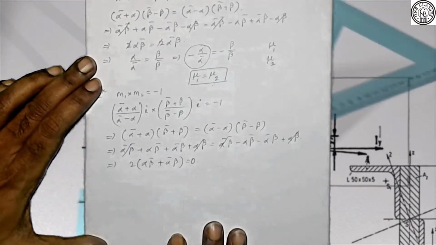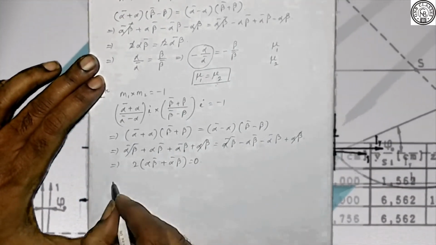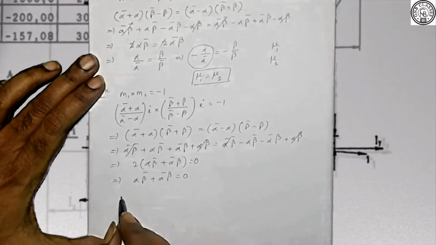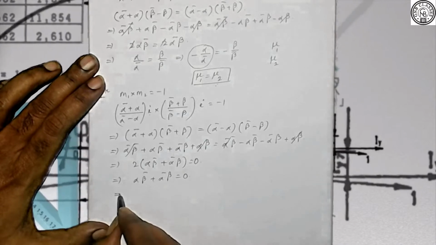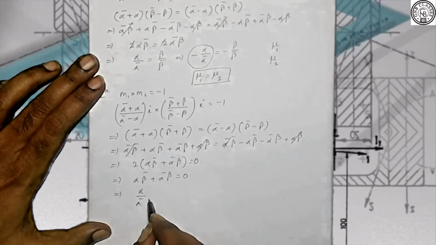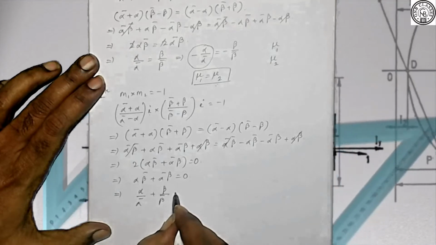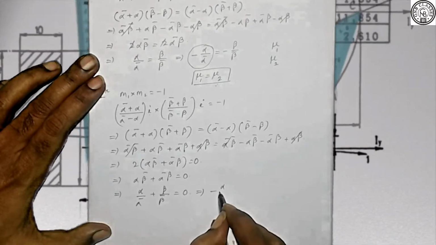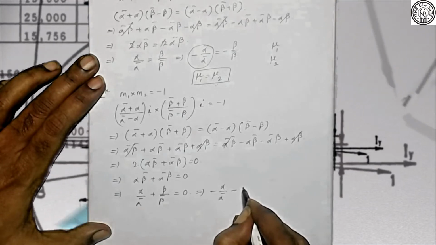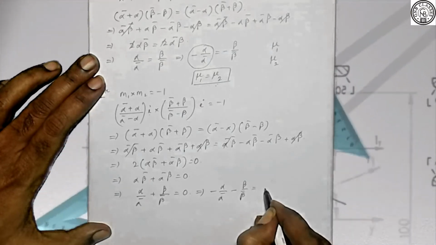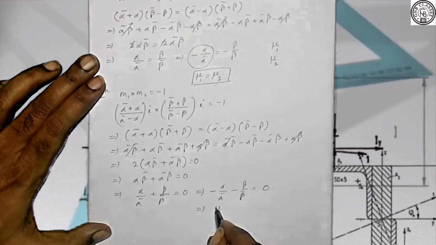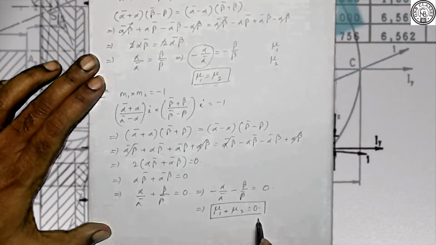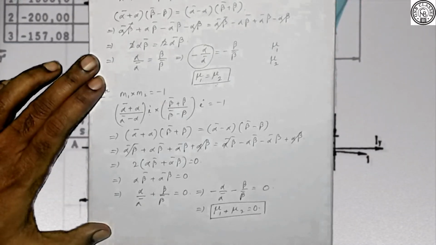So from here we can write easily that alpha beta bar plus alpha bar beta equals to 0. Now let me divide both sides by alpha bar beta bar. So what we are having? Alpha by alpha bar plus beta by beta bar is equals to 0. Okay. So from here also you can write minus of alpha by alpha bar minus of beta by beta bar is equals to 0. That implies mu1 plus mu2 equals to 0. Yes or no? So these 2 are very, very important deductions.